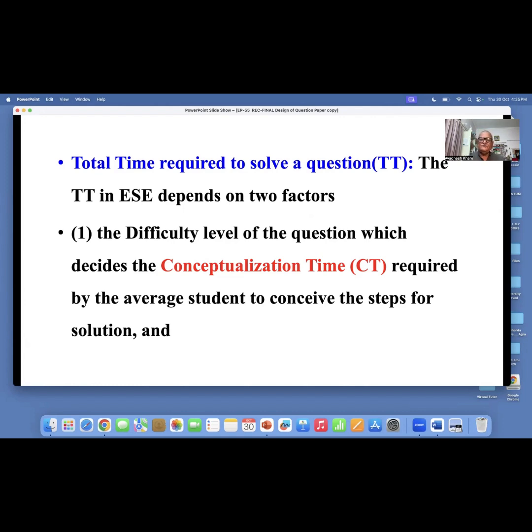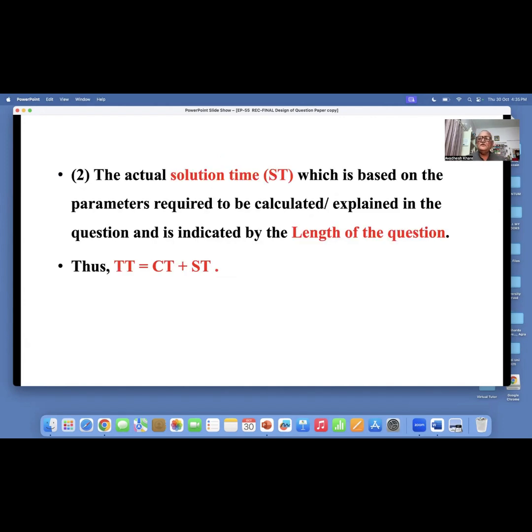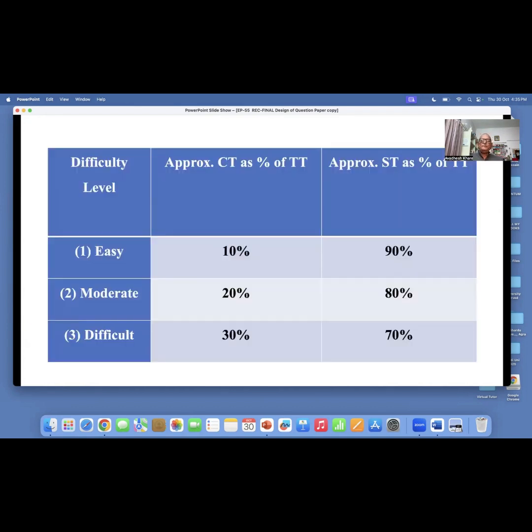That is called CT, required by the average student to conceive these steps for the solution. The second time required is the actual solution time. Then he solves it, which is based on the parameters required to be calculated, explained, or obtained in the question, and indicated by the length of the question. Thus, total time TT is equal to conceptualization time CT plus solution time ST.